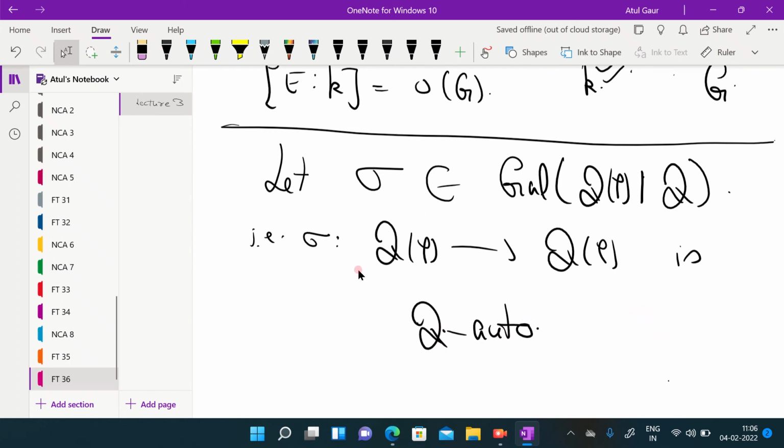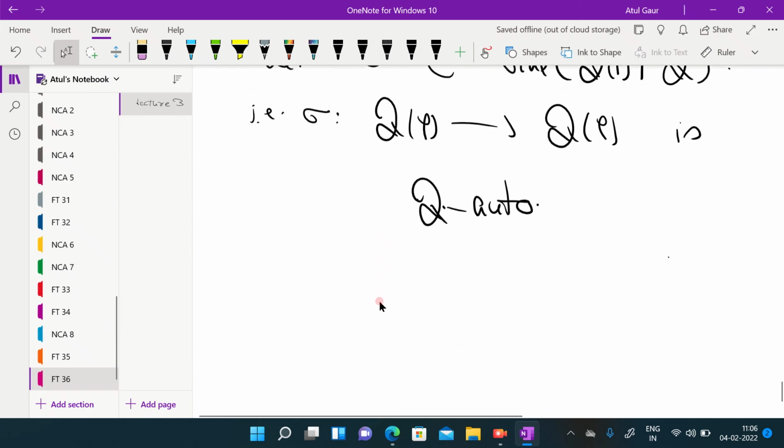To determine sigma, since the elements of Q are fixed, we have to find the image of sigma at rho. Now what should sigma rho be?